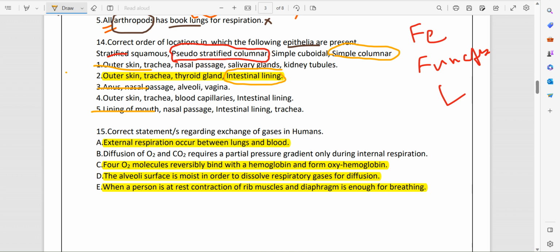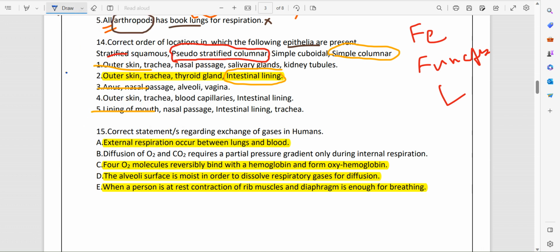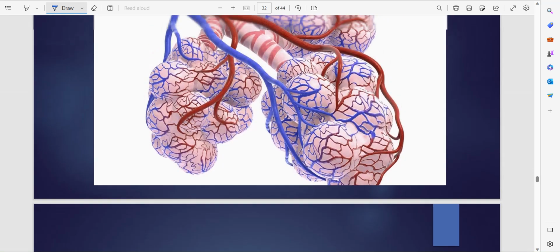So outer skin, trachea, and that is pretty tough. Only one difference, thyroid gland and blood capillaries. So blood capillaries and alveolar wall have simple squamous epithelium. So then you're left with the second answer. Anyway, you have to know their features and locations in order to get through this question.